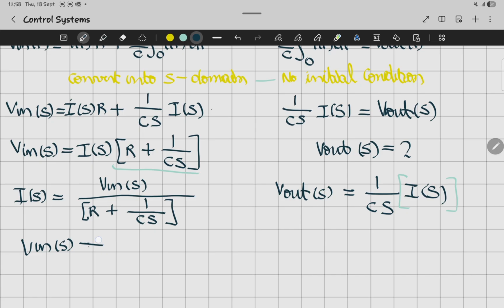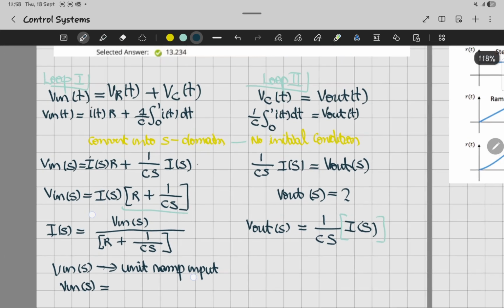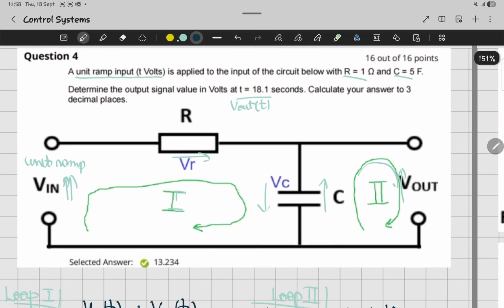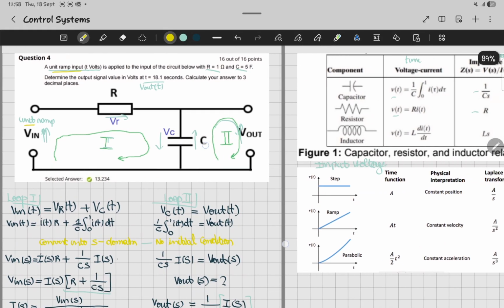Our V in, it was said, is going to be a unit ramp input. So if it's a unit ramp input, what's going to be our input? As you can see, we got this information here: unit ramp input.